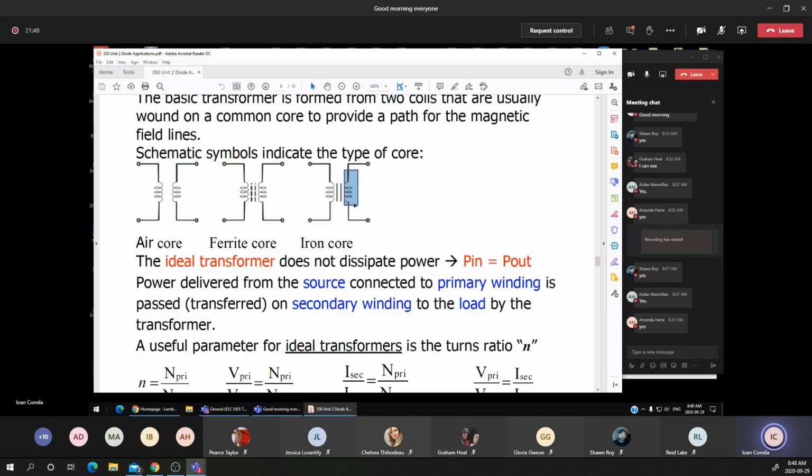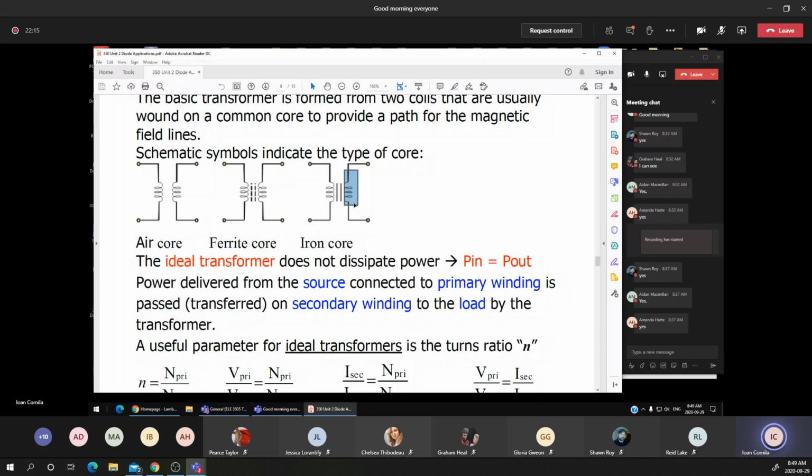Audio frequency, for example, is still a low frequency. Usually the audio frequency is anywhere between 20 hertz and 20 kilohertz. Usually the iron core is used for low frequencies, but the frequency may be anywhere between a few tens and a few hundreds of hertz. I'm not using anything above these values.